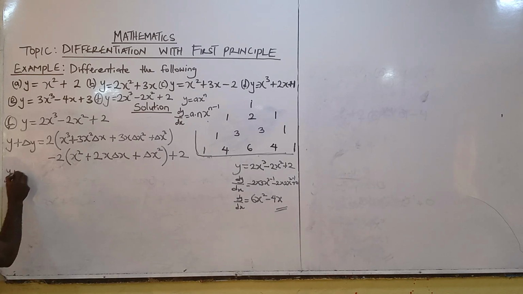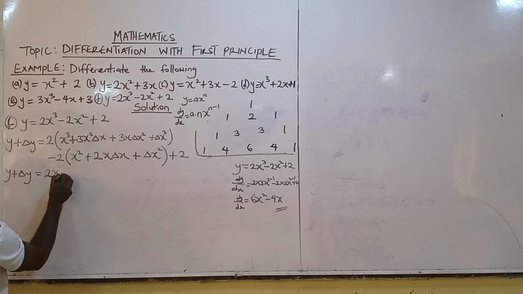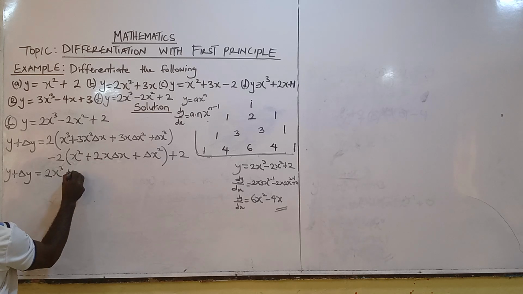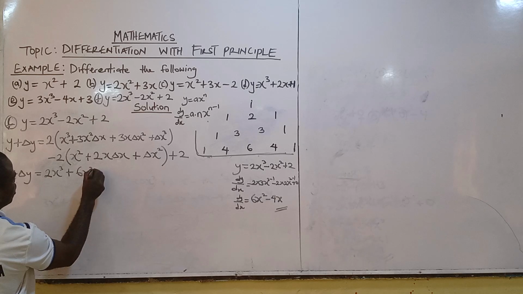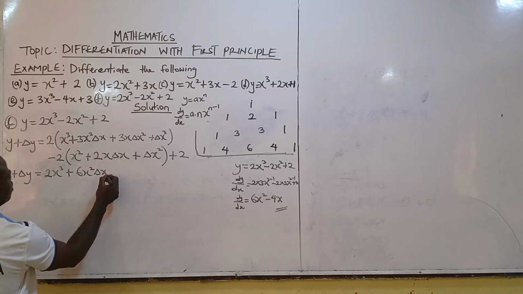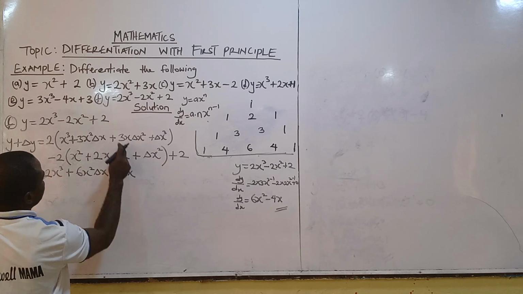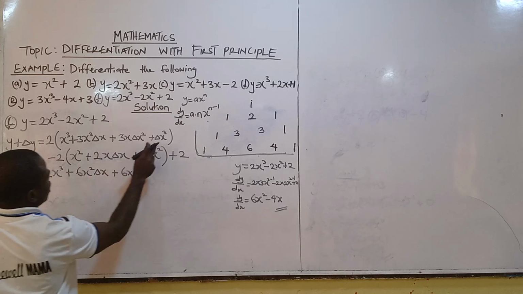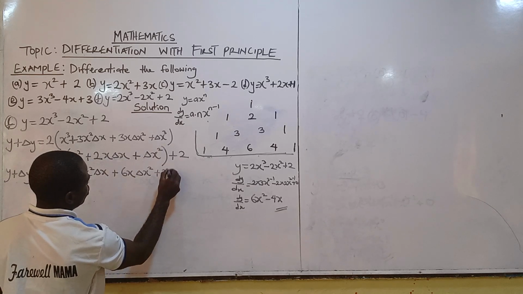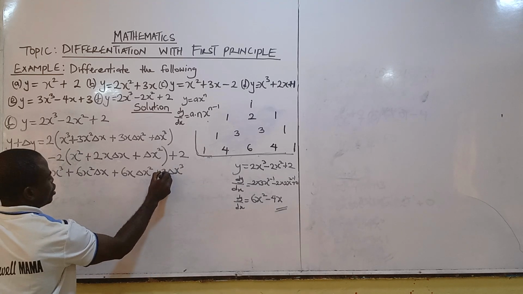Now y plus dy equals, let's open the bracket: 2x cubed plus 2 times 3, that's 6x squared dx, plus 6x dx squared, plus 2 dx cubed.